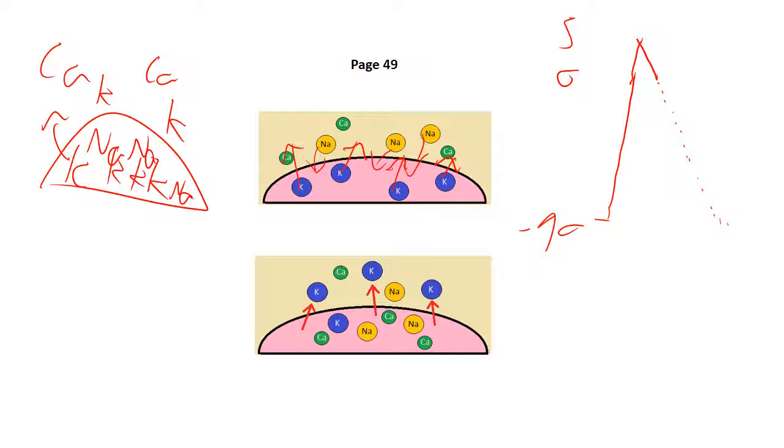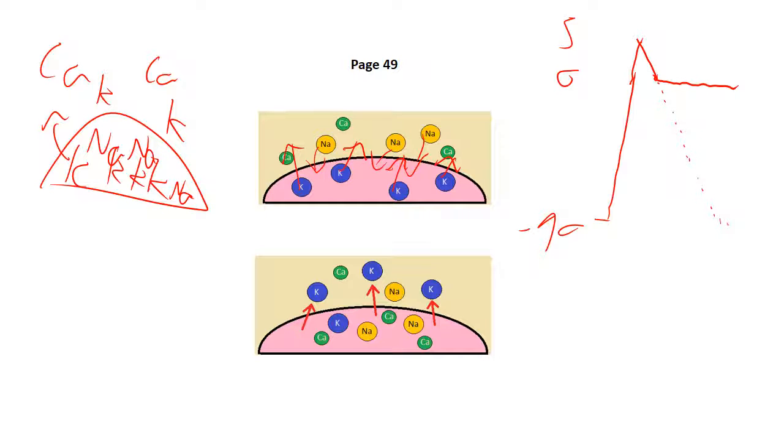But in order to produce a good squeeze, we actually need a plateau segment where we hold our voltage right there at 0 for a while to make sure that we have a good contracting time and we efficiently pass the stimulus on to the next cell.